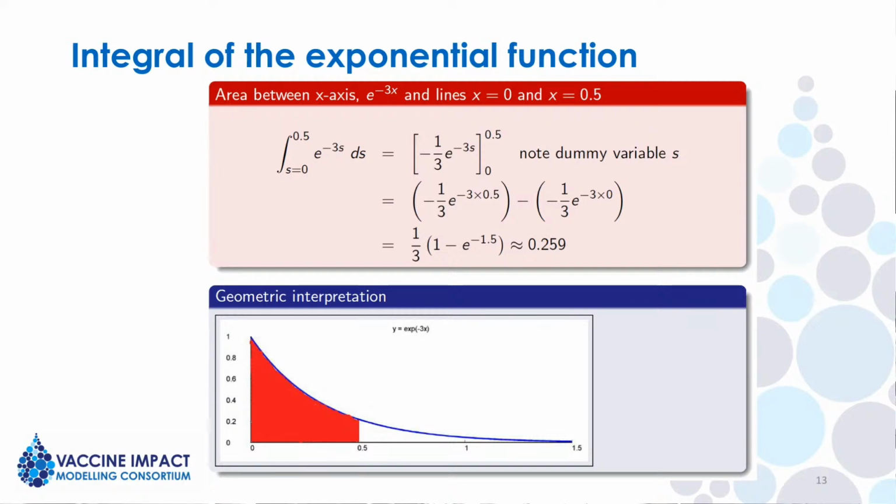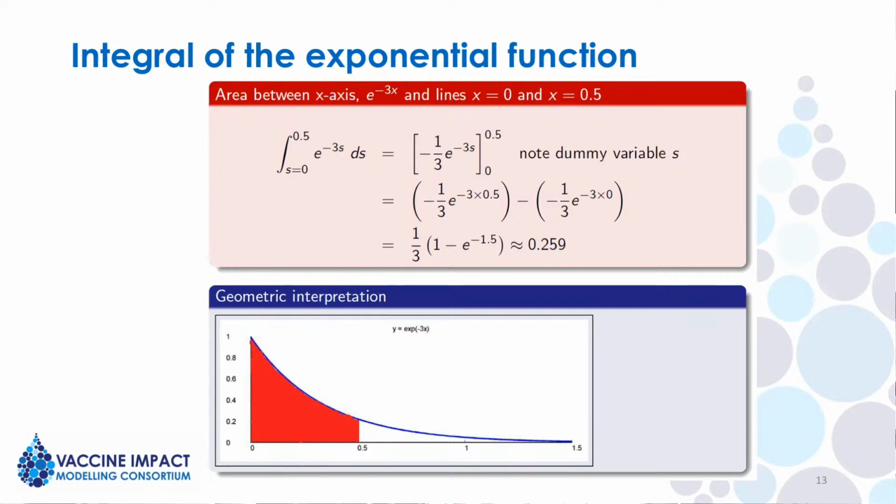Right. So we've gone through some examples, and we've got an exponential function here that we're going to integrate. This is our indefinite integral in the center of those square brackets. Then we put bounds on it, and we get our definite integral. We've got a dummy variable s, it's just notation.